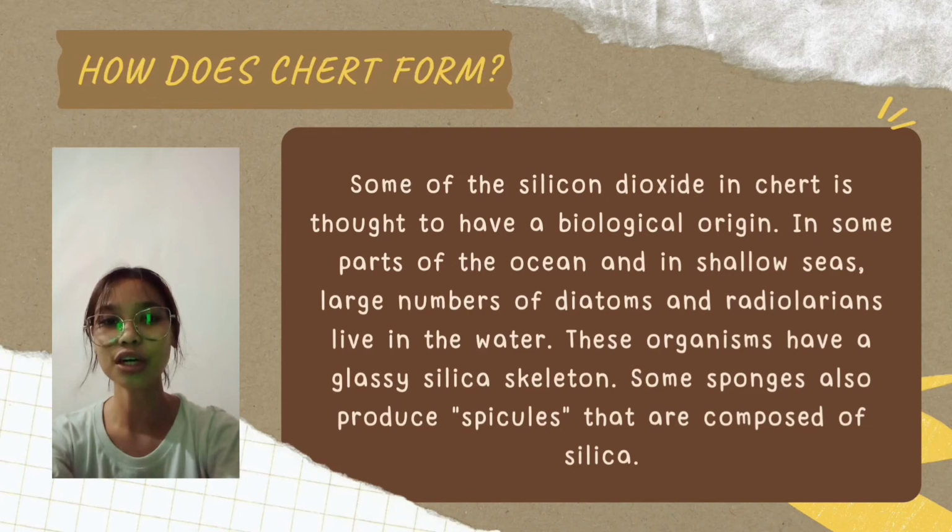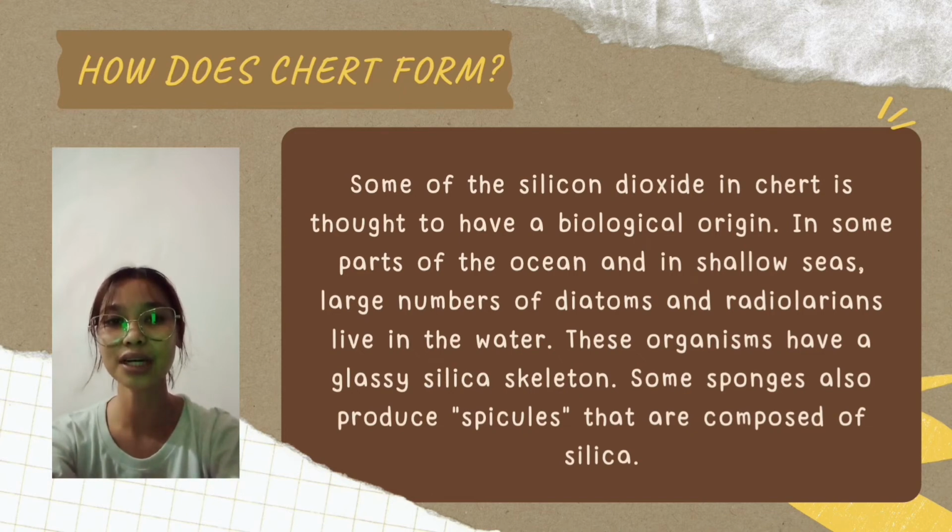If the nodules or concentrations are numerous, they can grow large enough to merge with one another to form a nearly continuous layer of chert within the sediment mass. Chert formed in this manner is a chemical sedimentary rock.